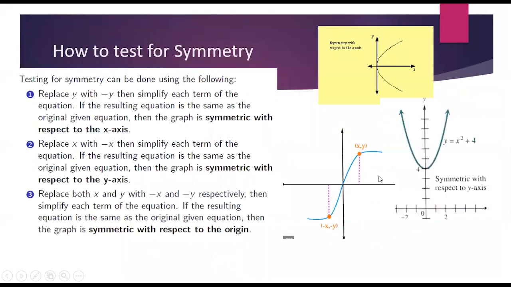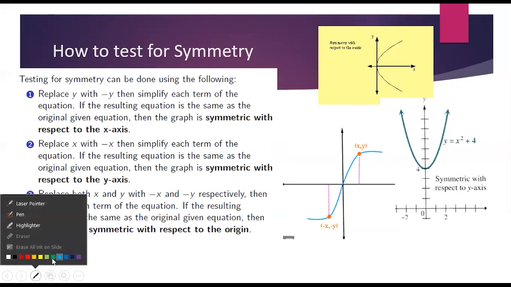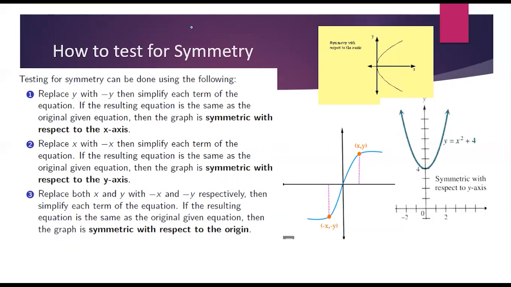Now, how about testing for symmetry? You're given again the function y is equal to f of x, say for instance. In order to check if the graph is symmetric with respect to the x-axis, you're going to replace y with negative y. Remember, you have the given function, let's say y is equal to f of x.